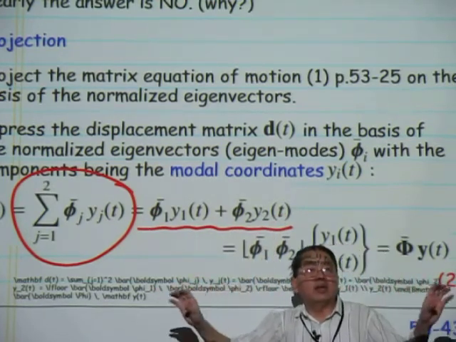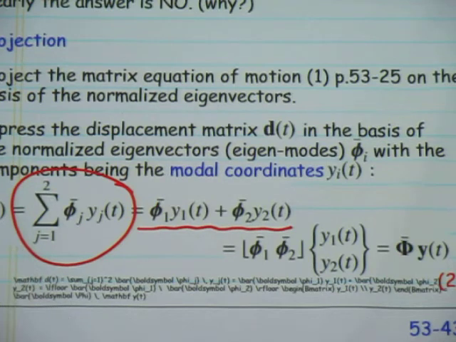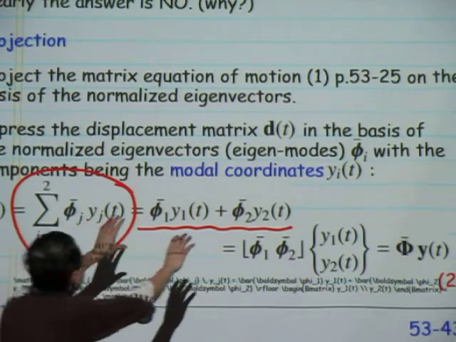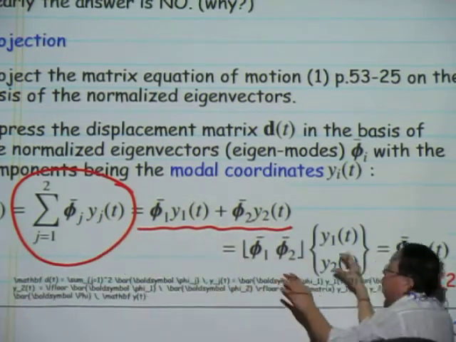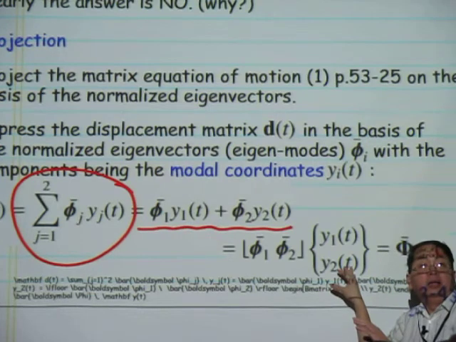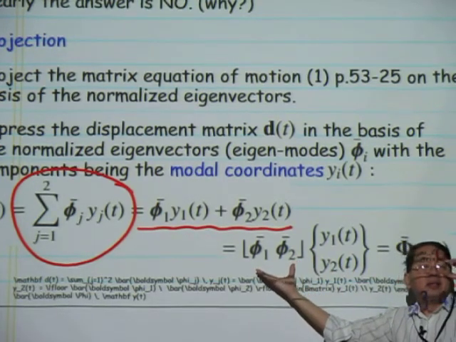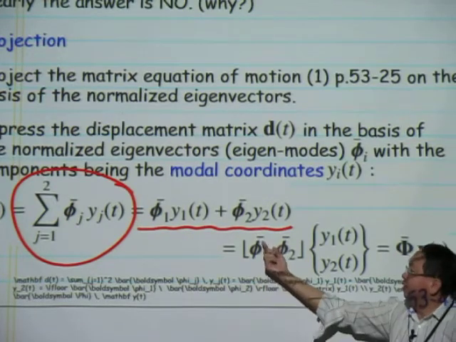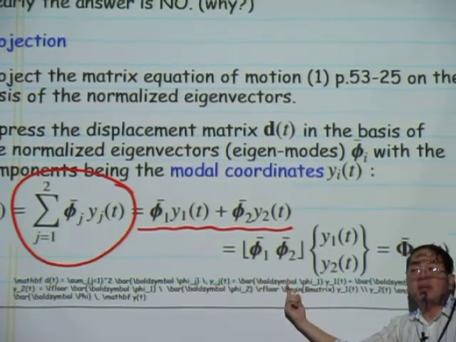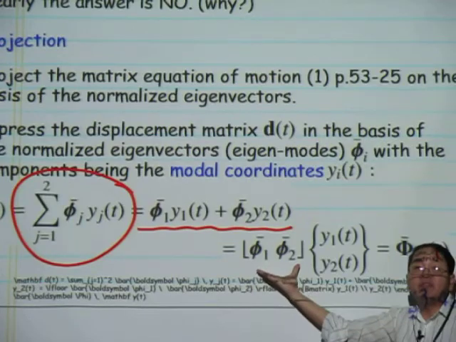So these are the coordinates of the displacement in the basis of the normalized eigenvectors. And you can also rewrite the summation in matrix form in such a way that you bring into the game the matrix cap phi bar, right? Because when you put the 2 normalized eigenvectors side by side, that's cap phi bar.